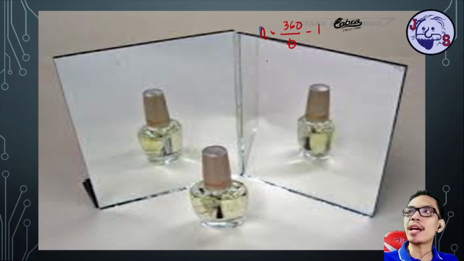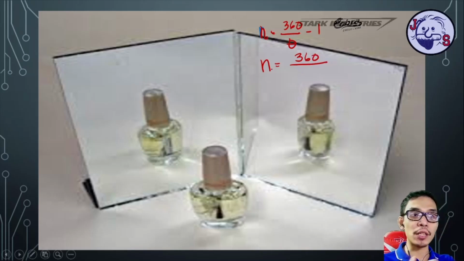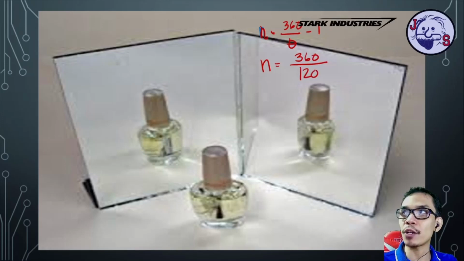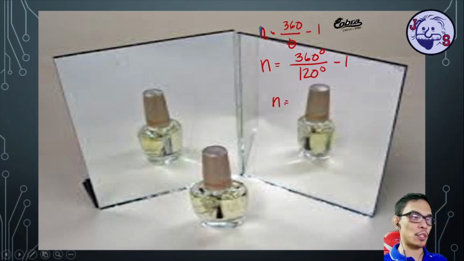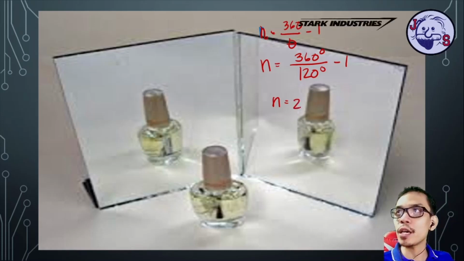For example, what is the number of images formed when you have 360 and you arrange the flat mirrors at 120 degrees to each other? So we have 360 over 120 minus 1. So that will be 2.